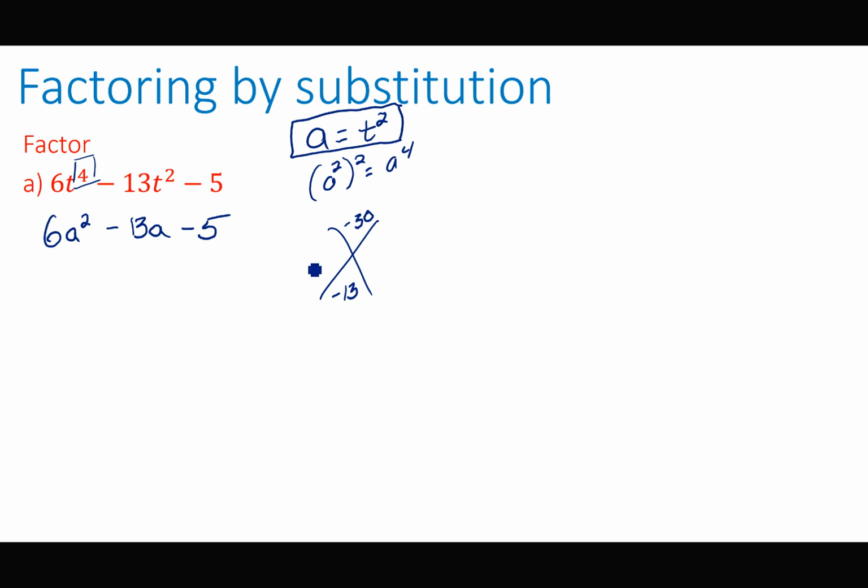But I could do negative 15 and a positive 2. That would give me a negative 30. Combine those together, I end up with negative 13. All right, so I have 6a squared minus 15a plus 2a minus 5.